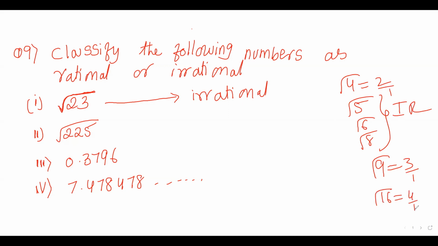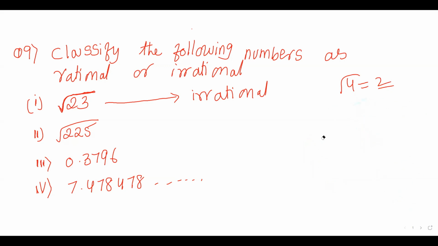Perfect square, rational. Imperfect square, irrational. Like root 15 is imperfect, root 12 is imperfect, root 11 is imperfect, root 23 is also an imperfect square. So if the number doesn't have any square root, then it is irrational.